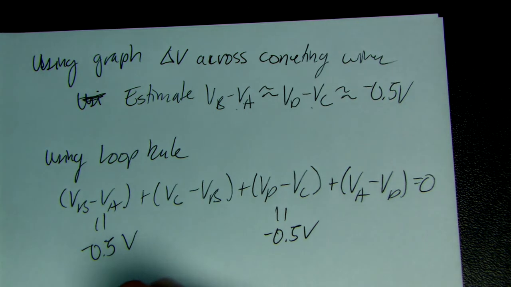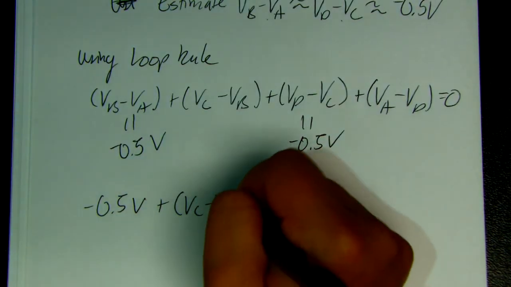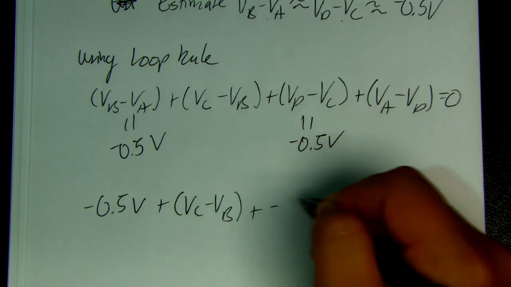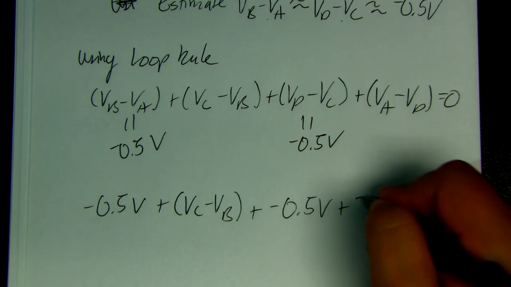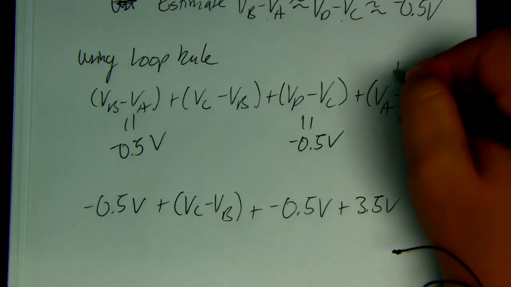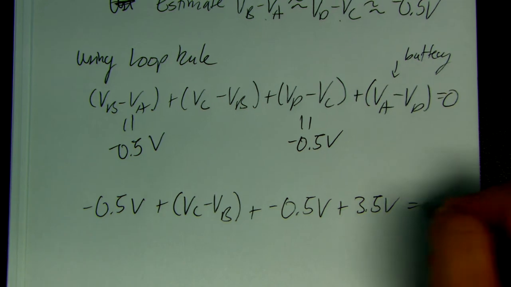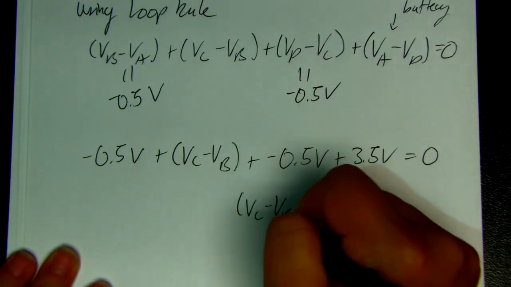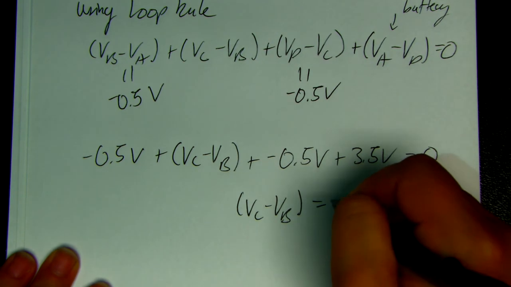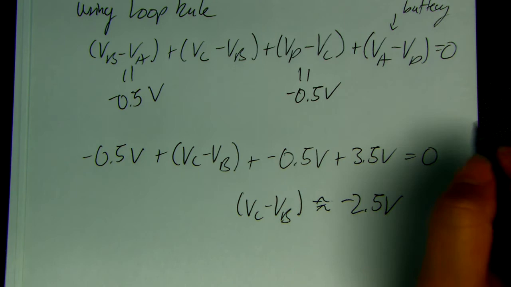So then we have minus 0.5 volts plus VC minus VB plus minus 0.5 volts plus that battery, 3.5 volts, so that's the battery right here, is equal to 0. So we get that VC minus VB is approximately minus 2.5 volts.